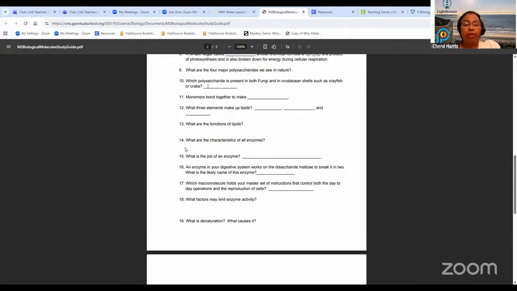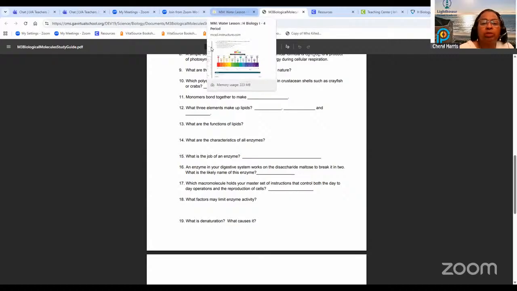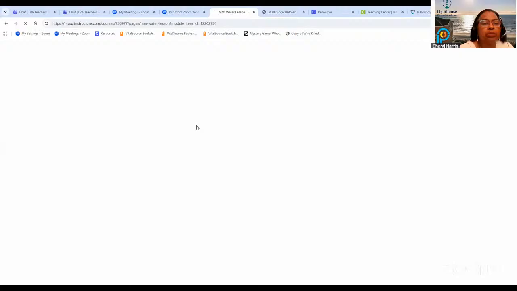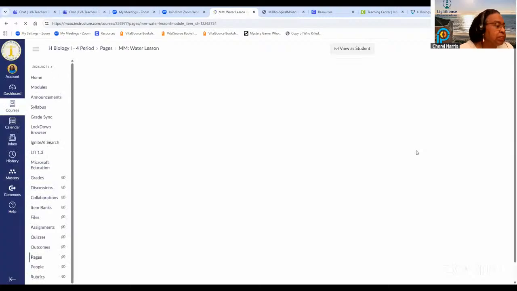All righty. Characteristics of enzymes. There's a lot of characteristics, so we're going to go back in the module to proteins. Enzymes are proteins. First and foremost, an enzyme is a protein. They are biological catalysts.